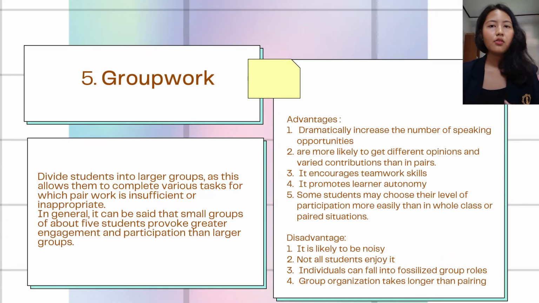Group work. We can also divide students into large groups as this enables them to complete a range of tasks for which pair work is insufficient or inappropriate. Students can write a group story, role play a situation with five people, prepare a presentation, or discuss a topic and make a collective decision.